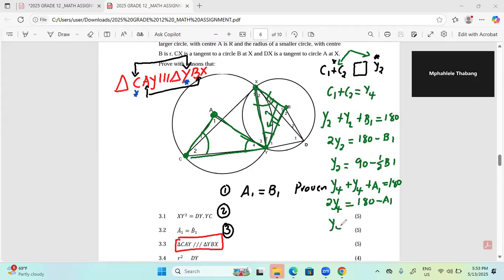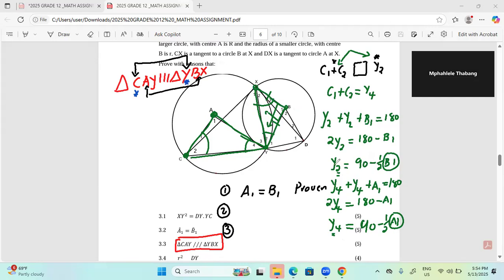Therefore, I have 2y4 equals 180 minus A1. Therefore, y4 equals 90 minus half of A1. So y4 equals 90 minus half of a1, y2 equals 90 minus half of b1, and we know that this b1 and a1 are equal. So automatically, y2 and y4 become equal.